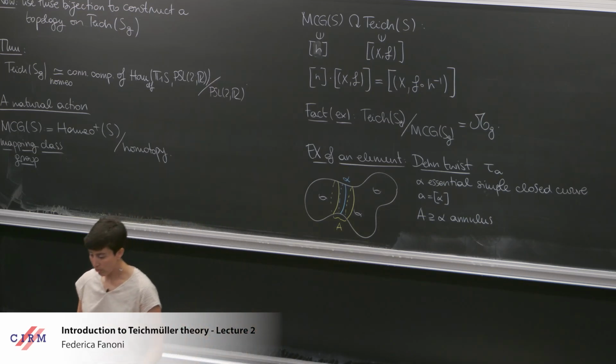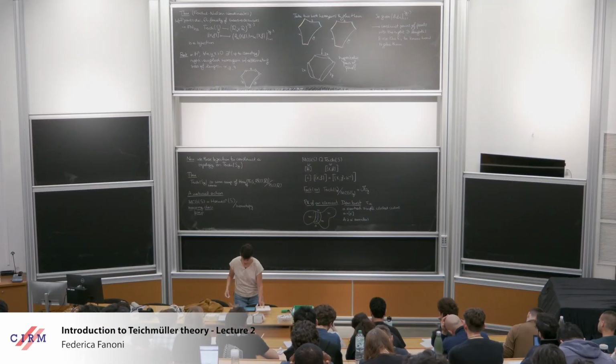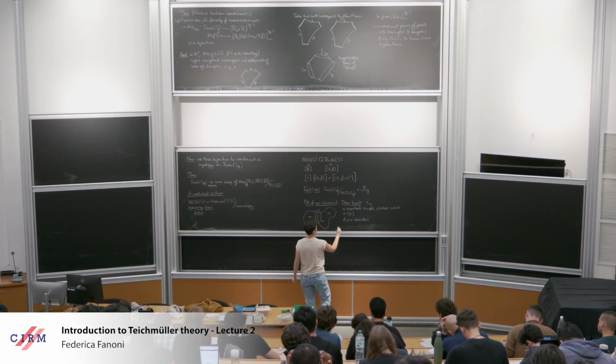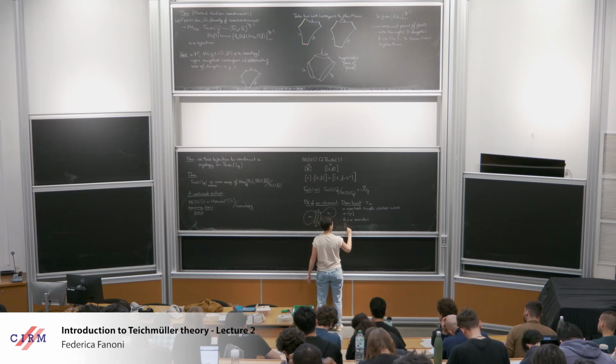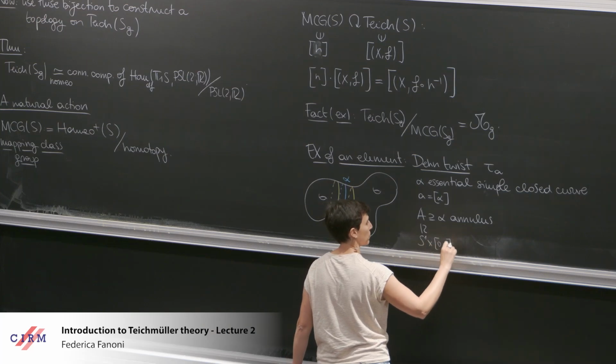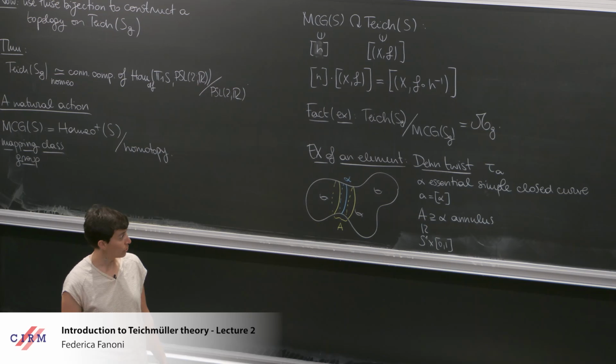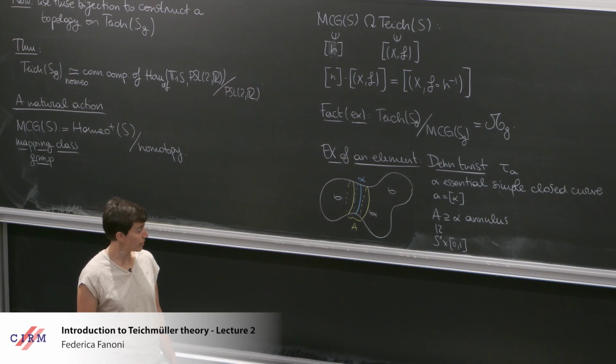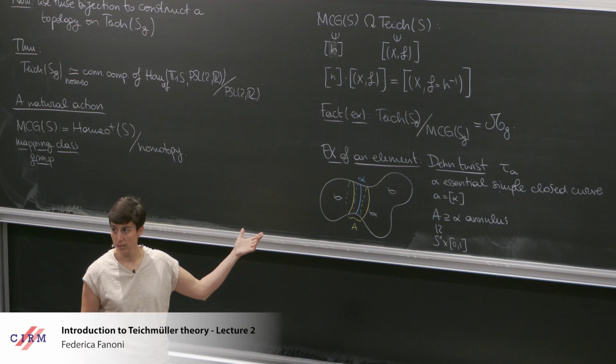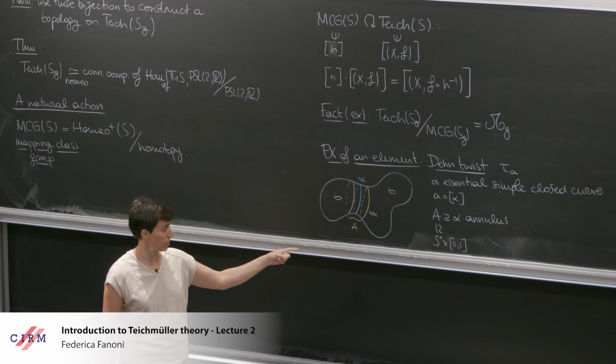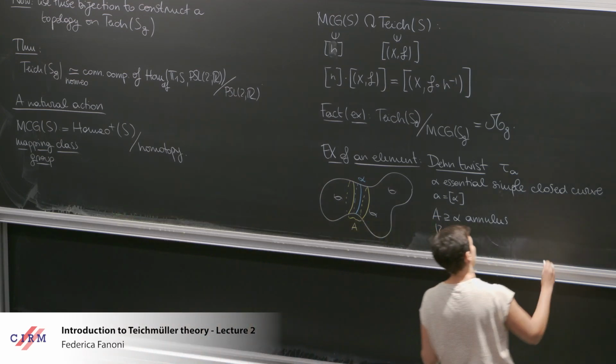Now, this is an annulus, so I can identify it with a circle times [0,1]. And the twist is going to do nothing outside this annulus, and it's going to do something very specific on the annulus.